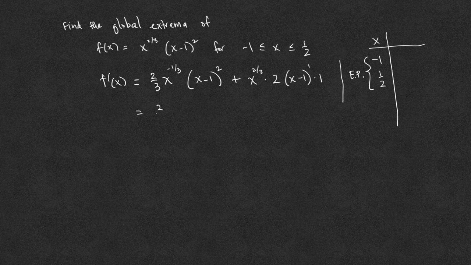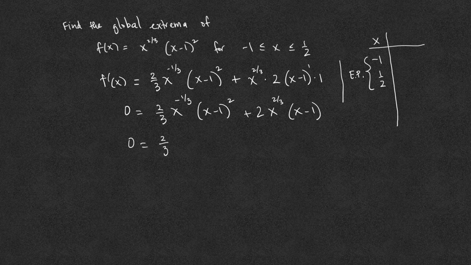This is 2/3 x to the -1/3 times x minus 1 squared plus 2 x to the 2/3 times x minus 1. We then set this equal to 0 and solve for x. We will do this by factoring. First, for the constant multiples 2/3 and 2, we factor out the lowest, which is 2/3.